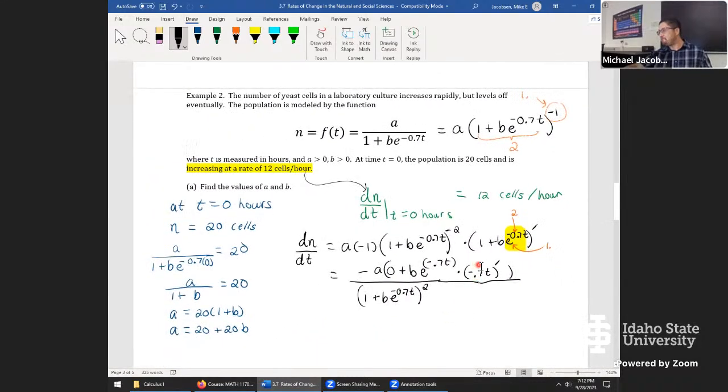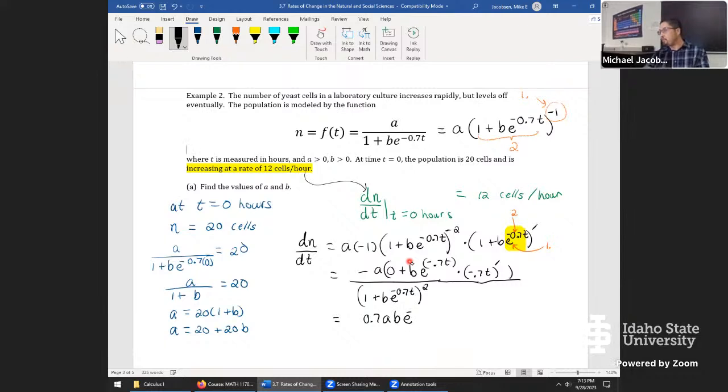This last derivative right here, not so bad. The derivative of negative 0.7t, just negative 0.7. So I'm going to take that negative 0.7 that survives, combine it with a negative a, and just call it a 0.7a. So at the moment we have a 0.7a. It multiplies across 0, multiplies the b here, so it's 0.7ab.